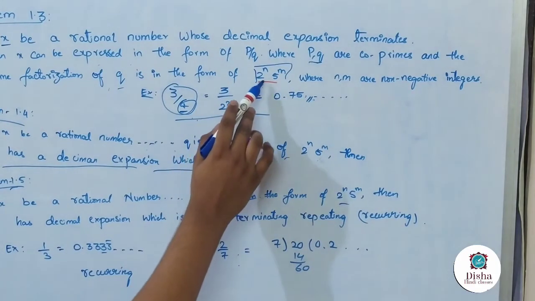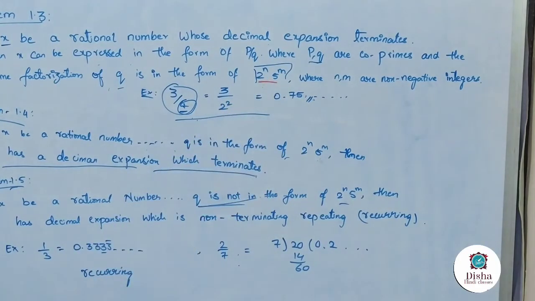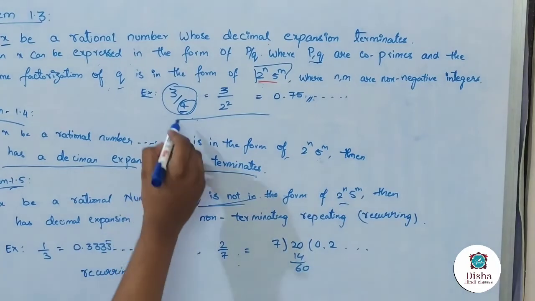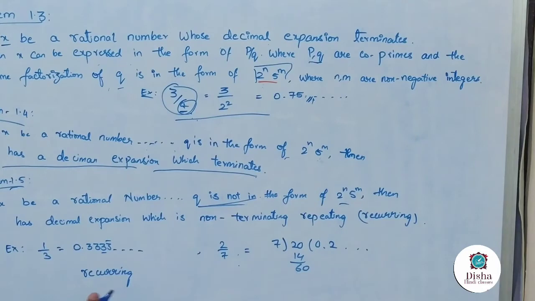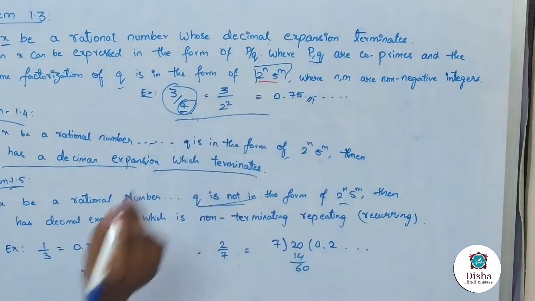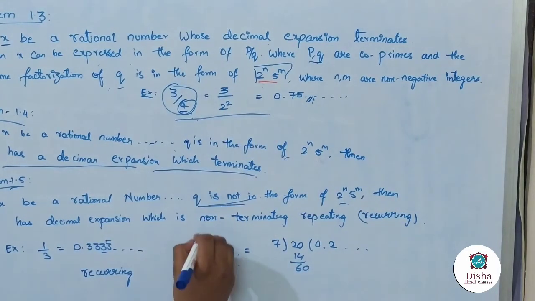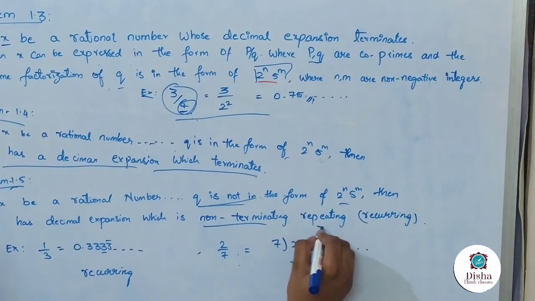If it is in that form, then the number terminates and ends itself. But if it is not in that form, it does not terminate and it can also repeat. That means a recurring number. Okay.